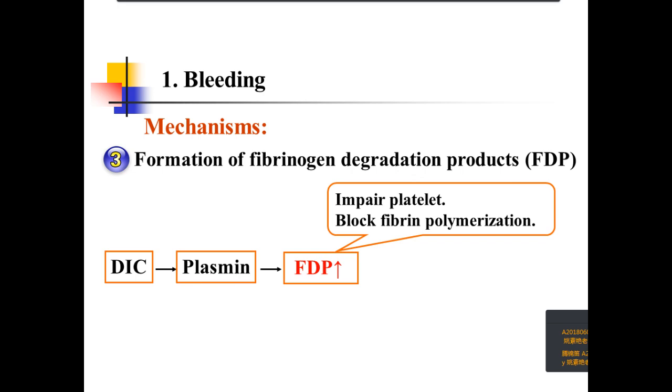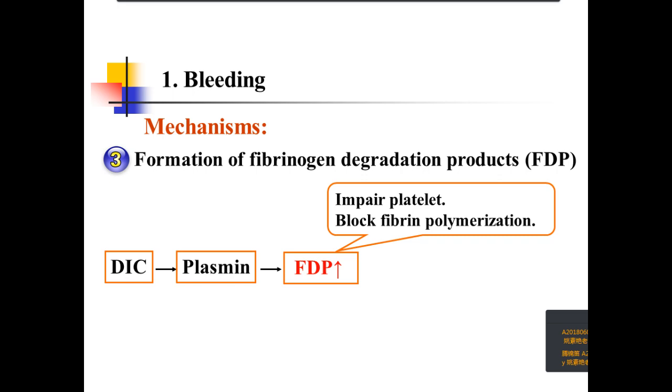Coagulation factors and platelets are consumed. During the hypocoagulable stage, coagulation factors and platelets decrease. Now, during the hypercoagulable stage, microthrombi form, so coagulation factors and platelets are consumed.